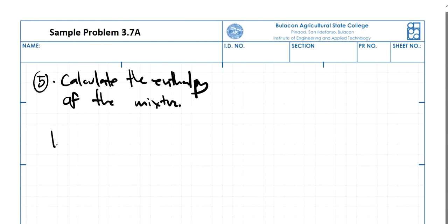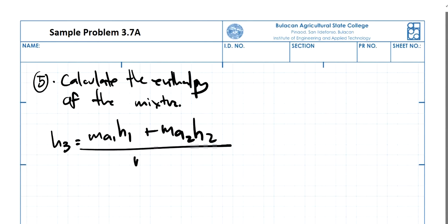For the equation we have H3 is equal to MA1 times the enthalpy at 1 plus MA2 times the enthalpy at 2, divided by MA3.